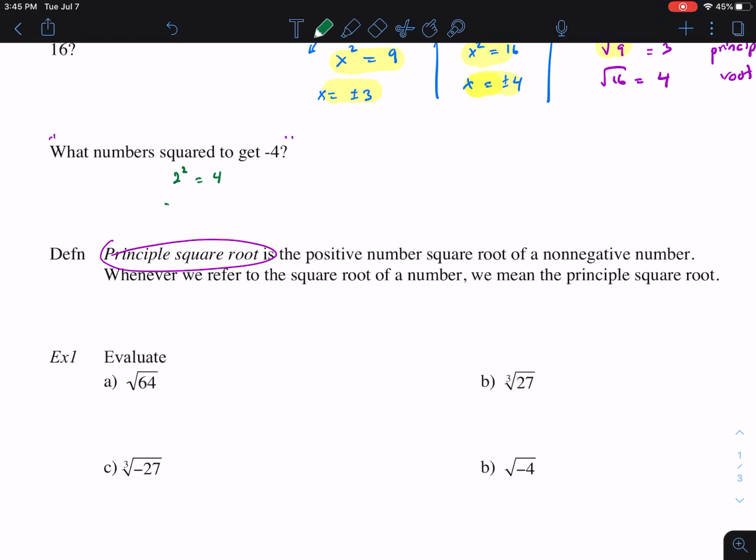Some of us might say, what if I try -2 squared? Well, that's going to give us positive 4. So there's no such real number. The answer is going to be an imaginary number, which is coming up at the end of these chapters.